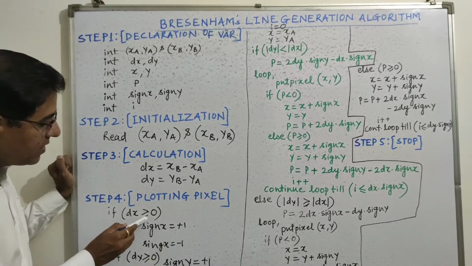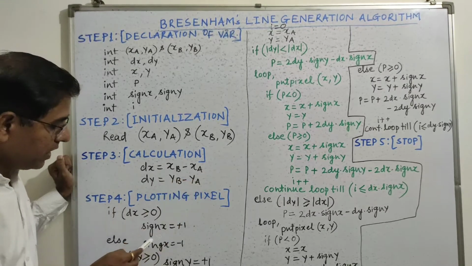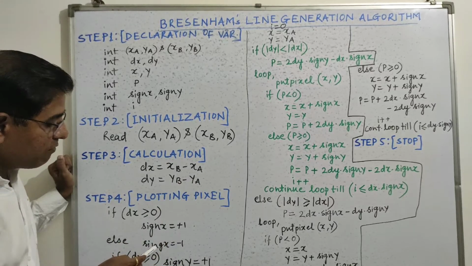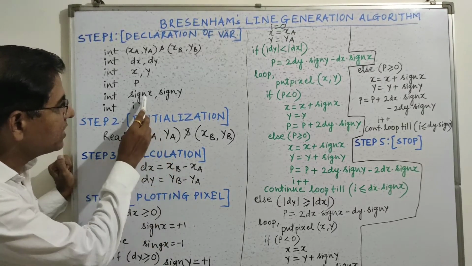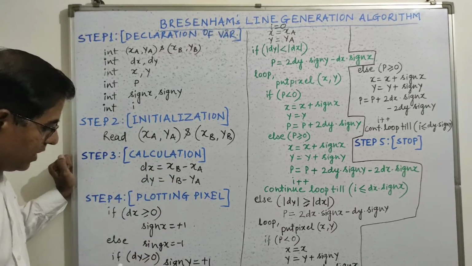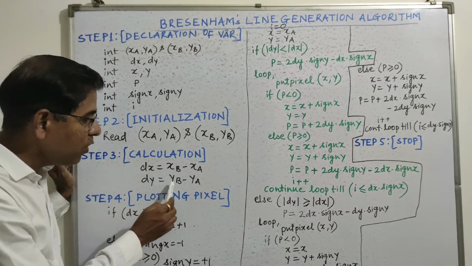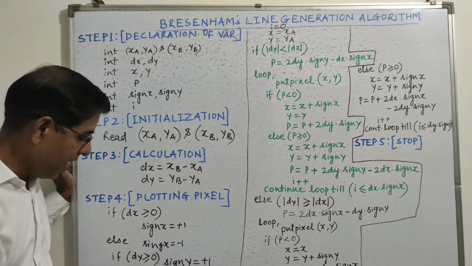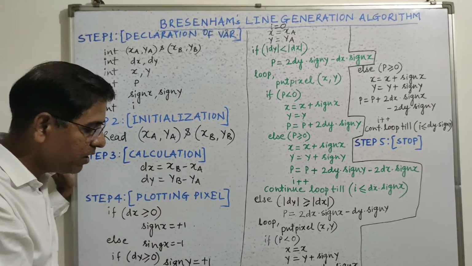So if dx is greater than 0, that means the value of dx is positive, then the value of sin x will be plus 1, else the value of sin x is minus 1. So if dx is positive, sin x is positive, and if dx is negative, sin x is negative. Similarly, if dy is greater than 0, that means dy is positive, in that case the sin y value will be plus 1, and if the value of dy is negative, then the value of sin y will be minus 1.